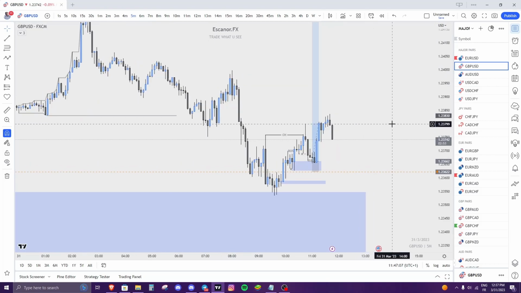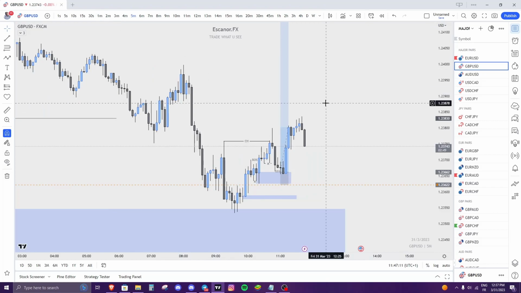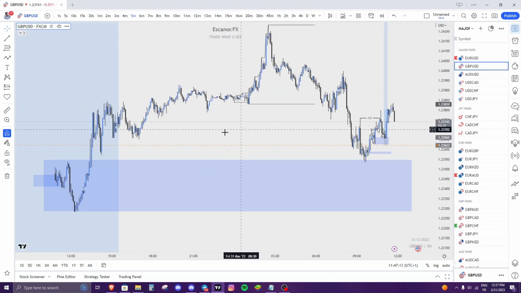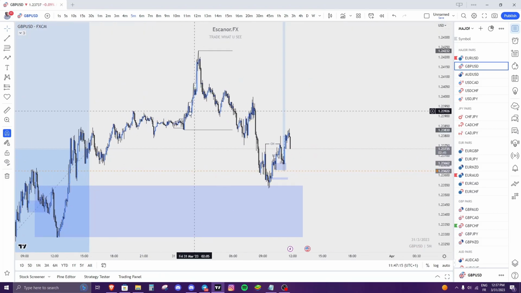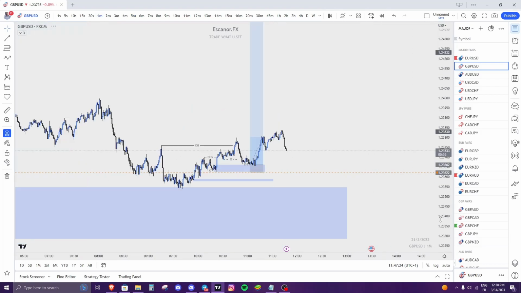Let me show you that example first before we go to the other examples. So we have here GBPUSD. We have a higher time frame demand and Asian range. Price took the Asian low and tapped into this higher time frame demand, so we dropped to the lower time frame.